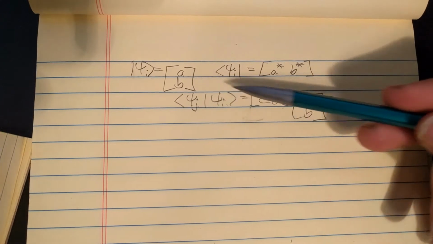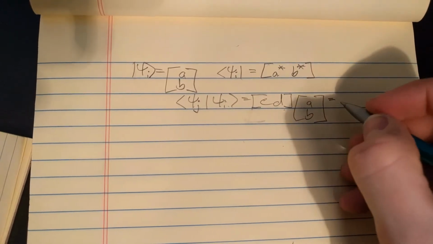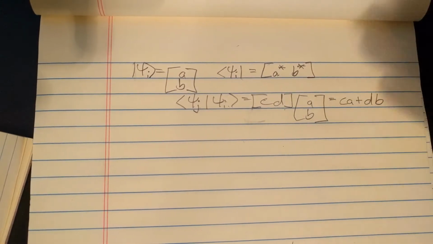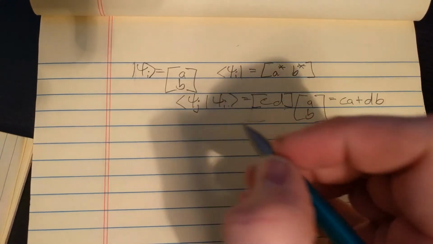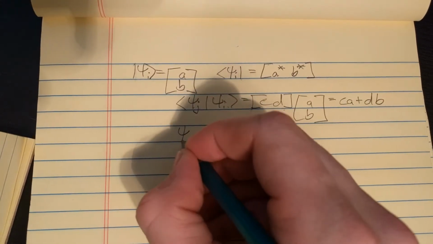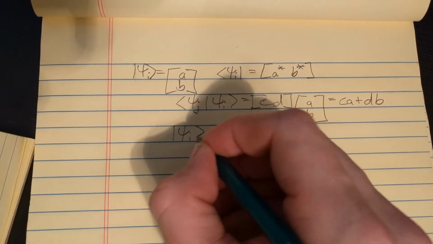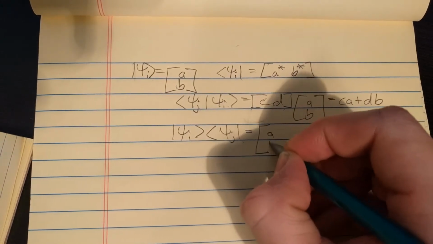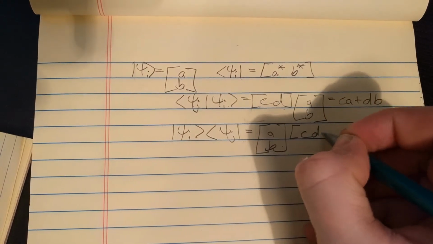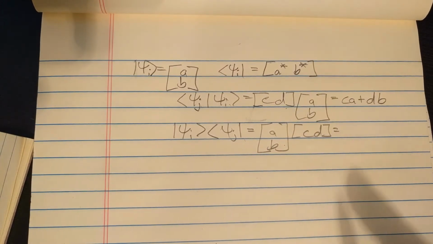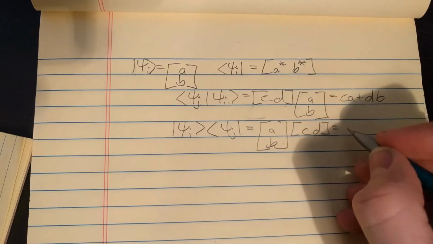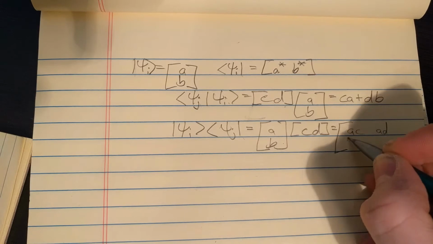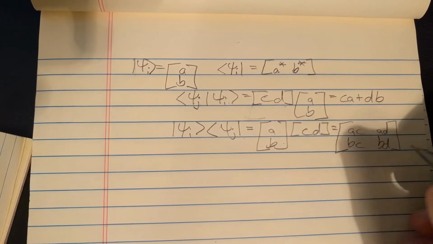In fact, you can just think of this whole thing as a dot product. So you get CA plus DB, a number. Now, if we turn these around, let's see what we get. Let's take psi i, but the bra side, and then psi j here. Well, now we got a column vector here and a row vector there, and by the rules of matrix multiplication, the matrix you end up with is AC, AD, BC, BD. So you get a matrix.